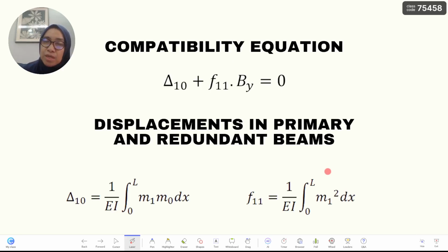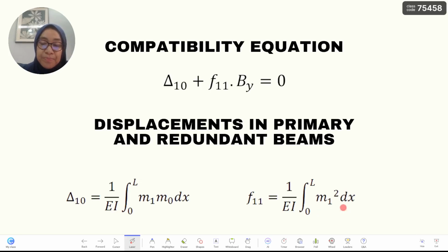For the formula, we don't have to remember it, because by looking at the notation, delta 1 naught has two labels, 1 and naught, meaning M1 and M naught. So we have to integrate M1 and M naught. For F11, we use 1 and 1, so it represents M1 and M1, M1 squared.